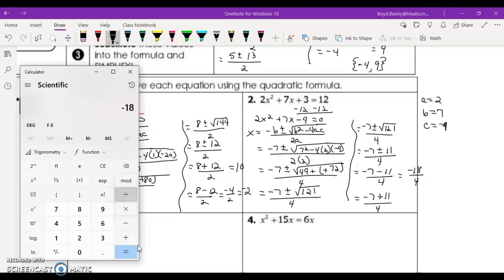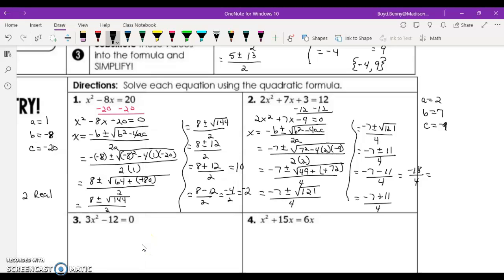Negative 18 divided by 4 equals negative 4.5. And then here, negative 7 plus 11 is going to give me a 4 divided by 4, which is going to give me an answer of 1. So my 2 solutions are negative 4.5 and 1.